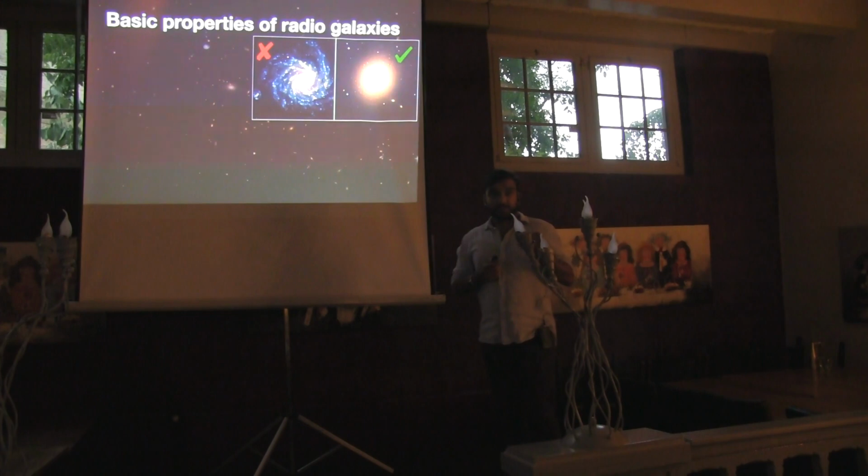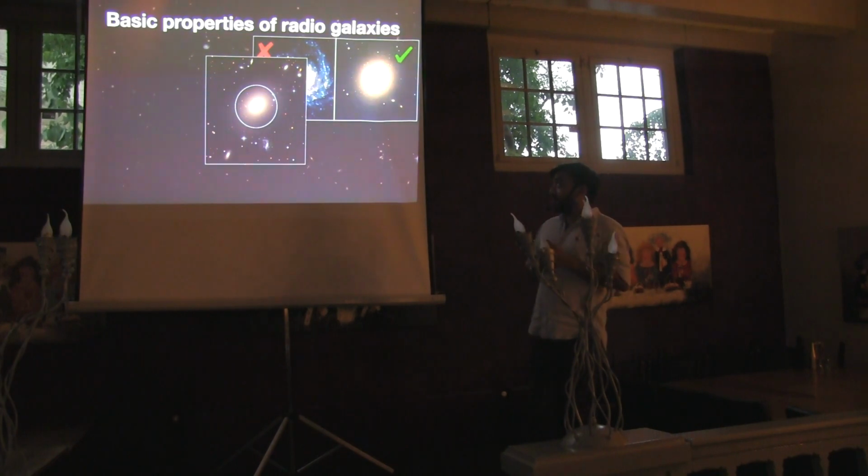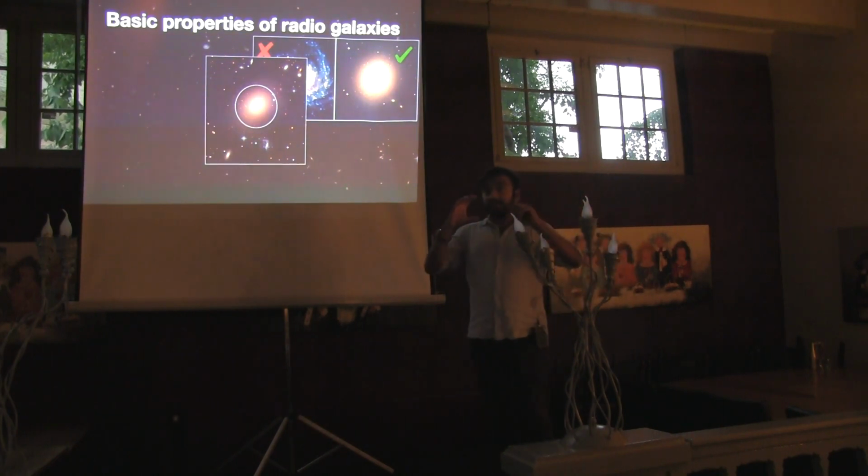So this was something which was very common with radio galaxies. They were red and they were spherical. The other thing people noticed was that a lot of these radio galaxies, when looked at in the optical, were surrounded by many other galaxies around them.